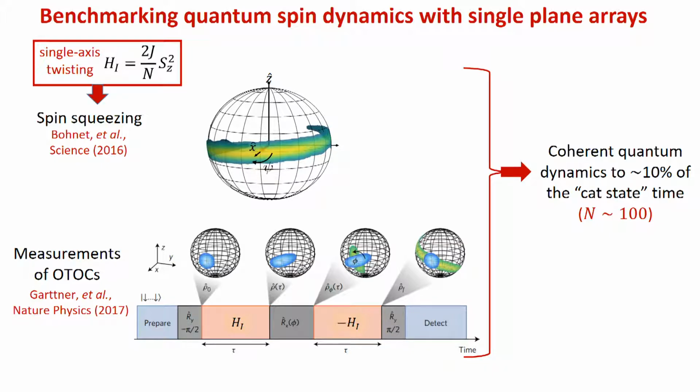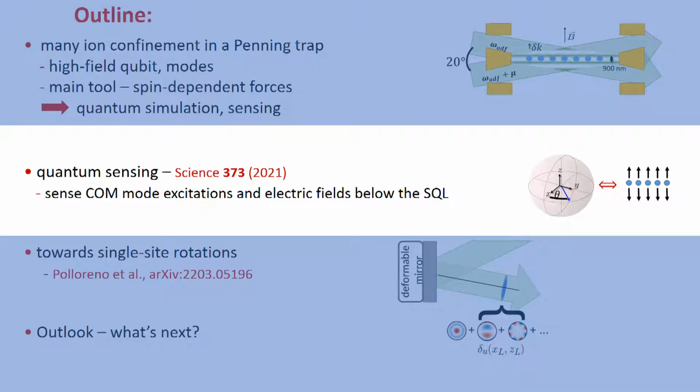So now I'd like to move on and talk about this quantum sensing experiment. In this experiment, we sense very weak excitations of the center of mass mode. One highlight I should mention before I get started here is that if we want to detect a weak electric field, there's an advantage to using an N-ion crystal versus a single ion.